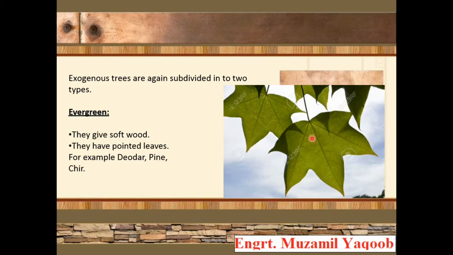For example this is a 5 pointed leaf. You can count 1, 2, 3, 4 and 5. Examples of evergreen trees are deodar, pine and cedar. This type of tree is known as evergreen trees.